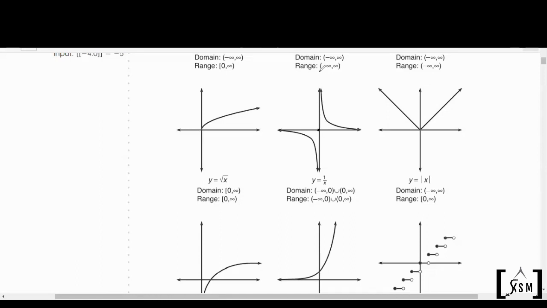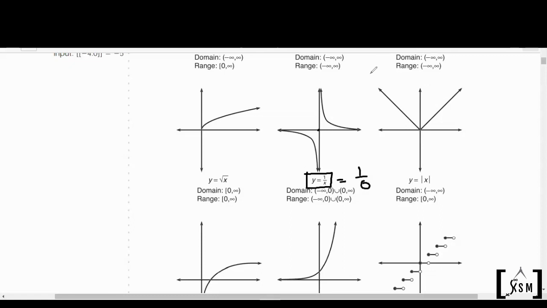At 0, the function is not defined. So basically, the domain is minus infinity to 0 open and 0 open to infinity. Because when the x value becomes 0, you get 1 over 0, which is not defined.